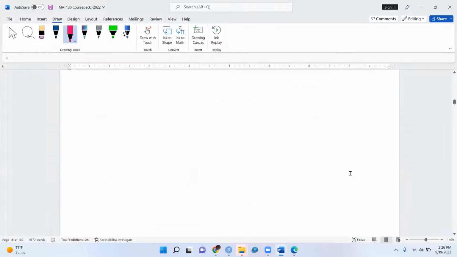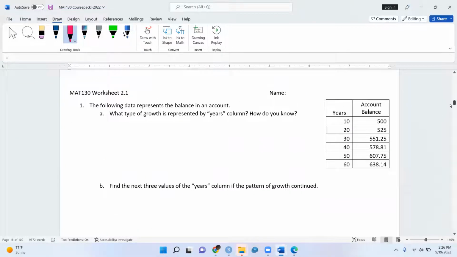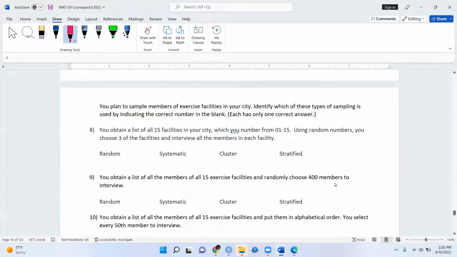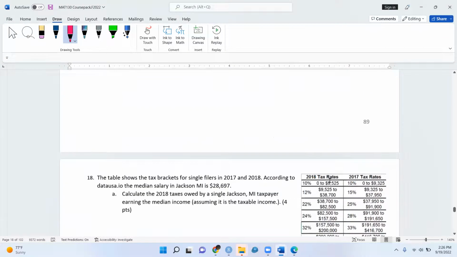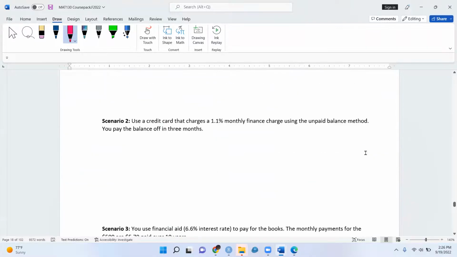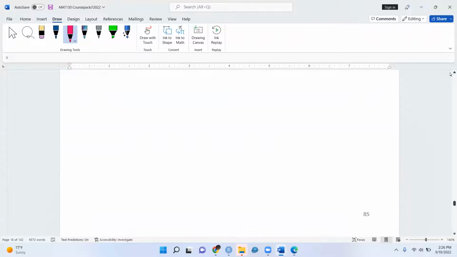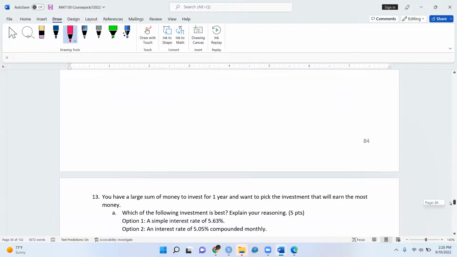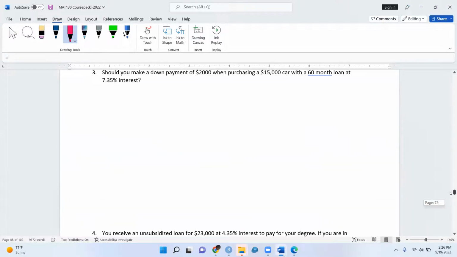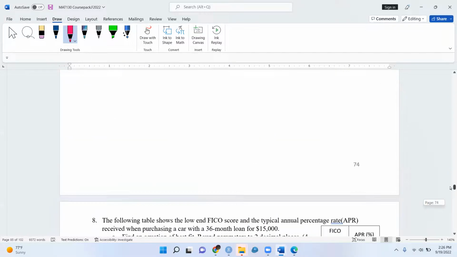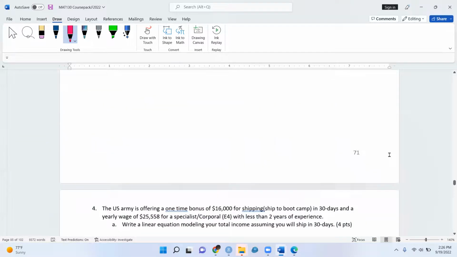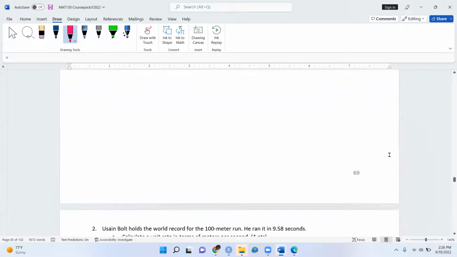And then one of your practice assignments that's going to be graded as you prep for the midterm, which is not until after unit 2, so it's a long ways from now, is the unit 1 review B. So if I get to the right page here. I believe it's page 58.